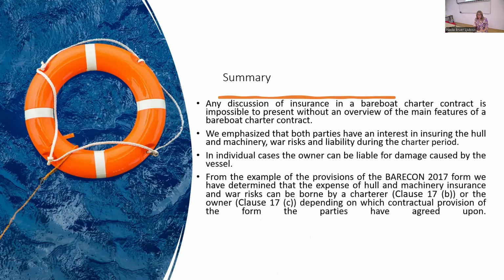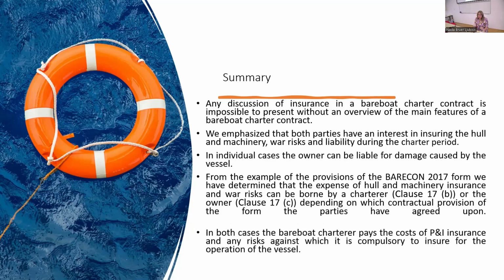Also, from the example of the provisions of the BARECON 2017 form, we have determined that the expense of hull and machinery insurance, and also war risks, can be borne by the charterer according to sub-clause 17B, or by the owner according to clause 17C, depending on which contractual provisions of the form the parties have agreed upon.